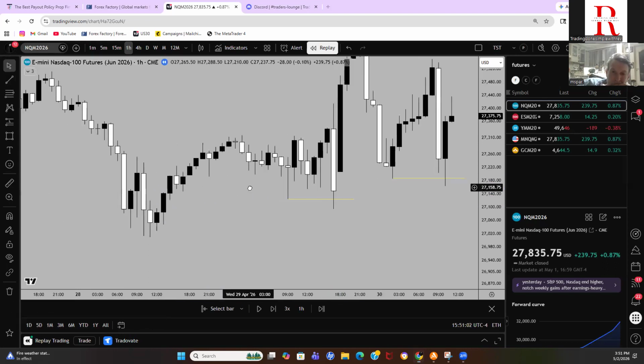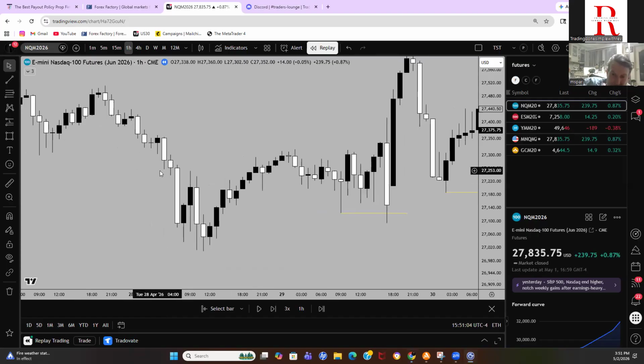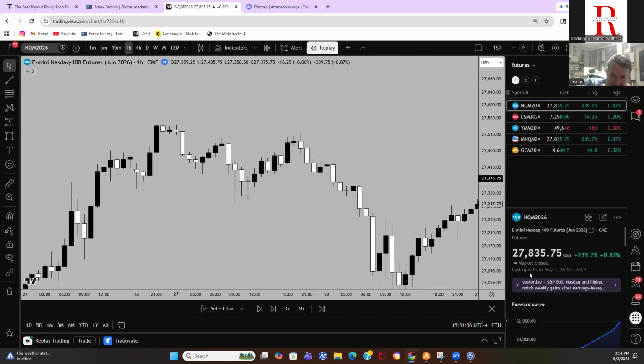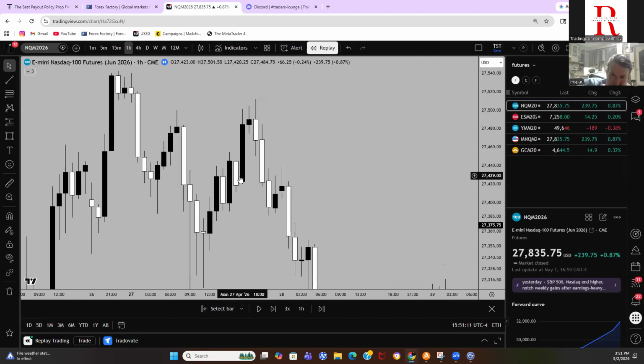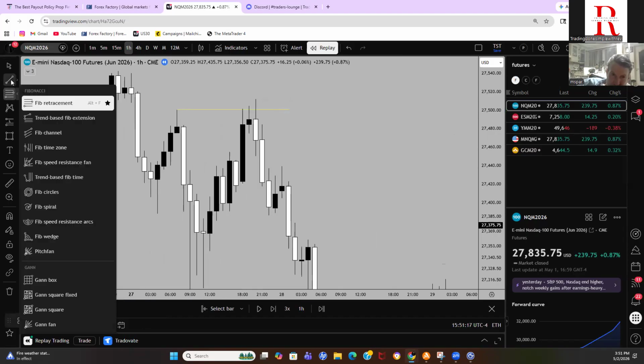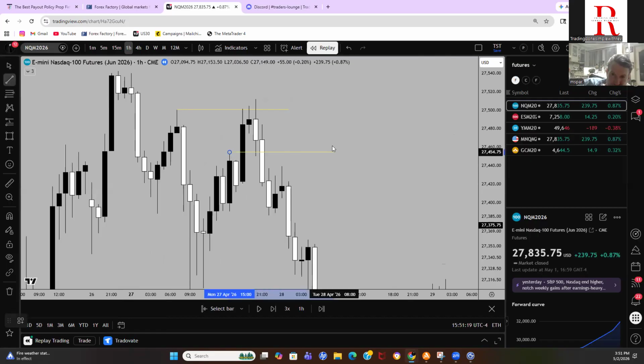Now, you also have situations like this where price has a swing high here, closes above, sits up there about two candles, and then closes back in.